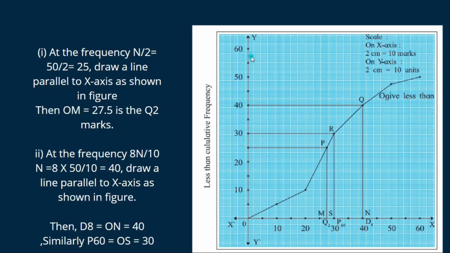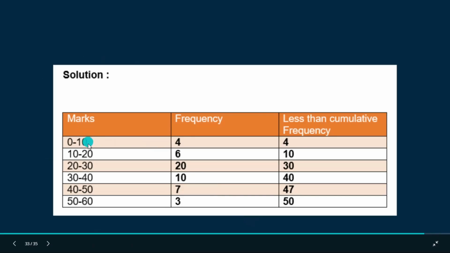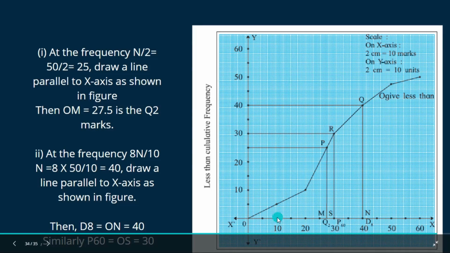Now for the first one, as we have discussed in the earlier slides regarding the steps, first we are going to take 0 here. So we are marking one point here, or you can keep it as it is on 0 also, there is no issue. First our marks here is 10. For 10, CF is 4, so you will come here on 10, and mark one point for 4.